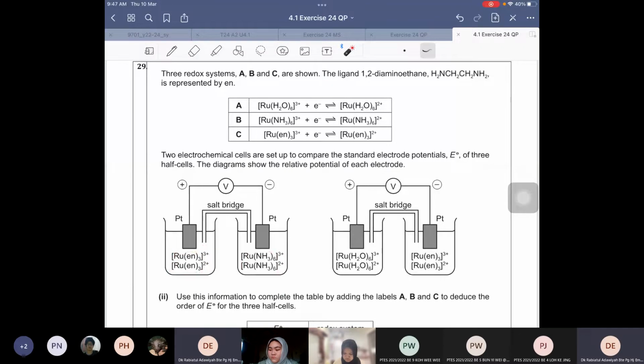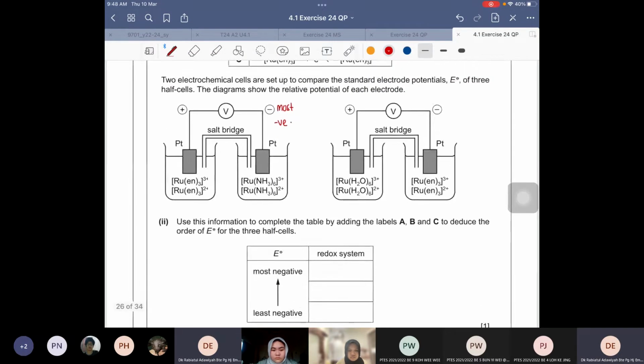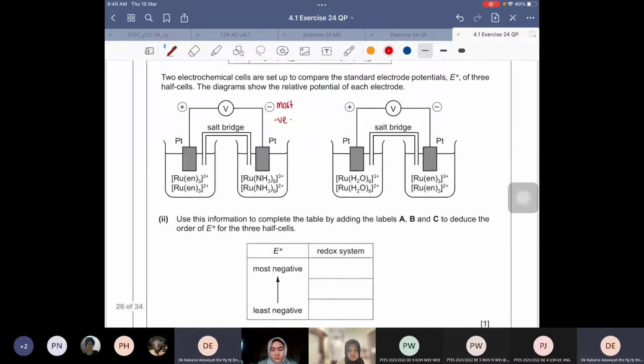You can see that between En and ammonia, En is more positive than ammonia. I just want to arrange their qualitative values. I don't have to find the quantitative values.